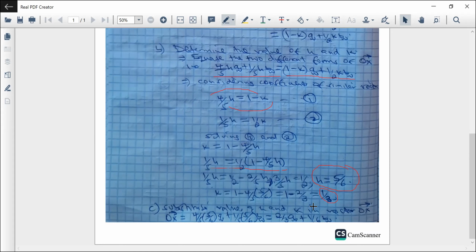They said substitute the values of H and K in vector OX.